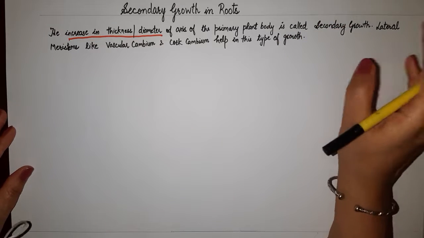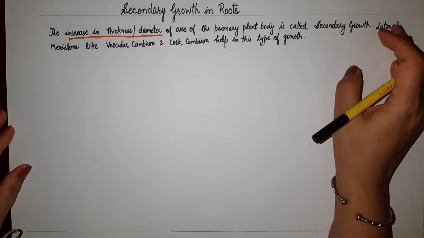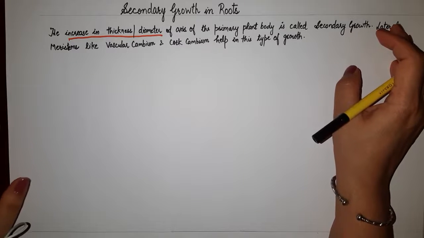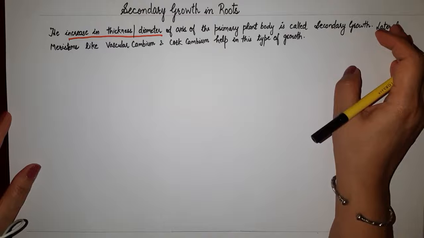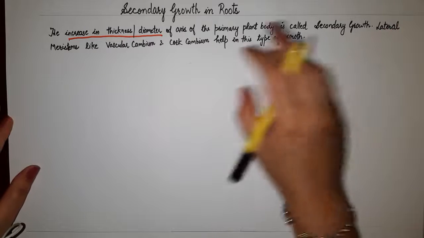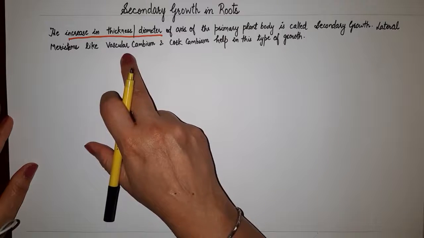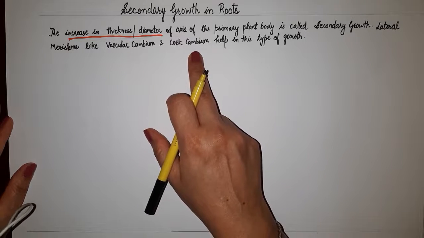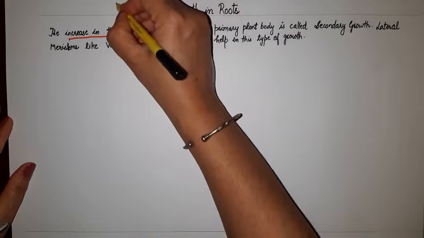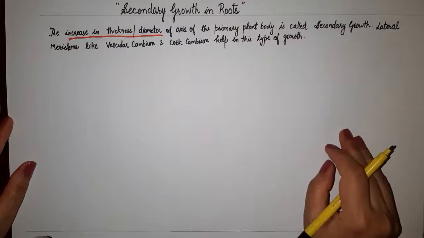We have already discussed three types of meristems, and on the basis of position we differentiate the last category as the lateral meristems, which are involved in diametric growth of the plant, and those two are vascular cambium and cork cambium. So they are involved in secondary growth of roots.